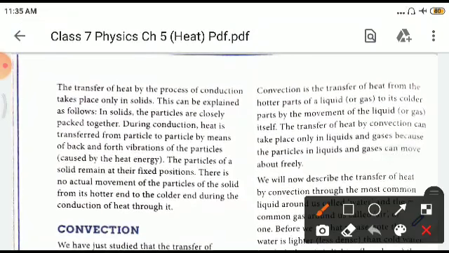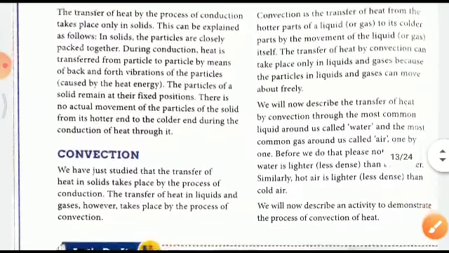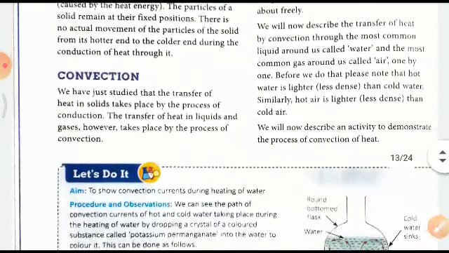The transfer of heat by convection can take place only in liquids and gases because the particles are allowed to move freely. So in gases and liquids the transfer occurs by convection.